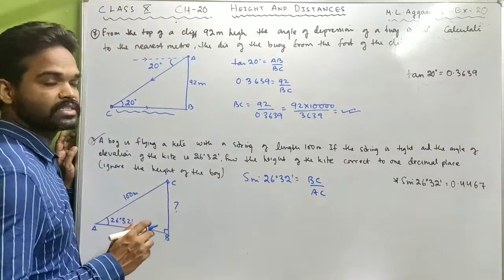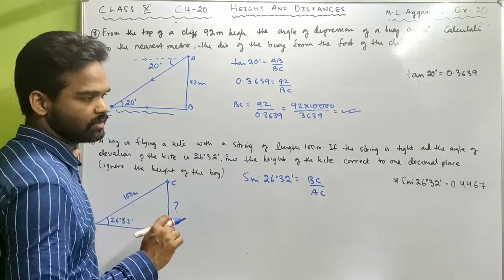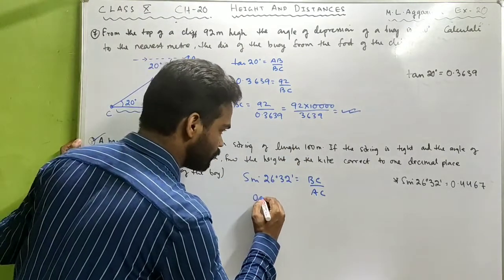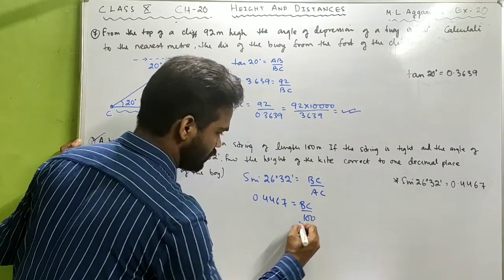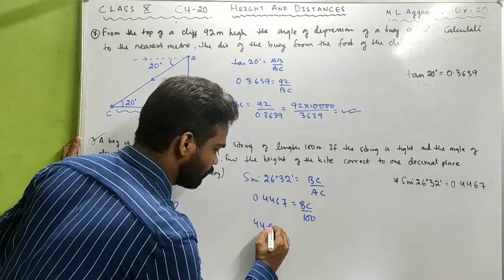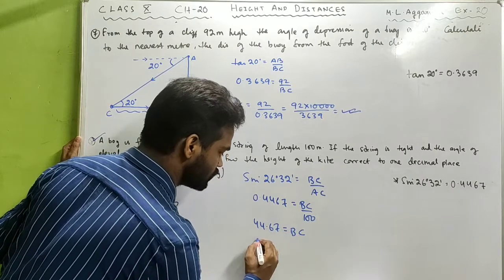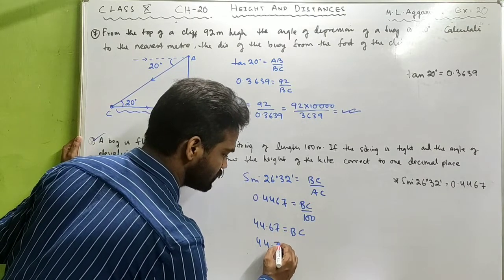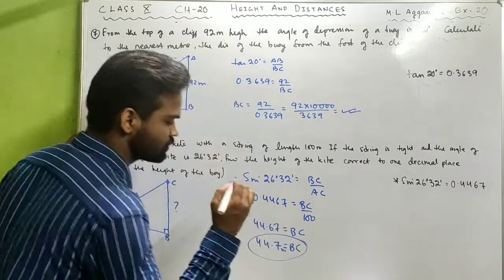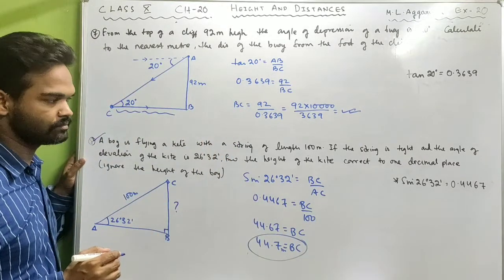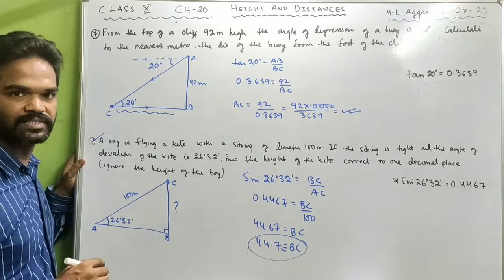Now sine 26 degree 32 minutes, again you can see at the back, that's 0.4467 equals to BC by 100, which means 44.67 equals to BC, which means 44.7 is equal to BC in meters. Am I clear? Now let us look at the next sum.